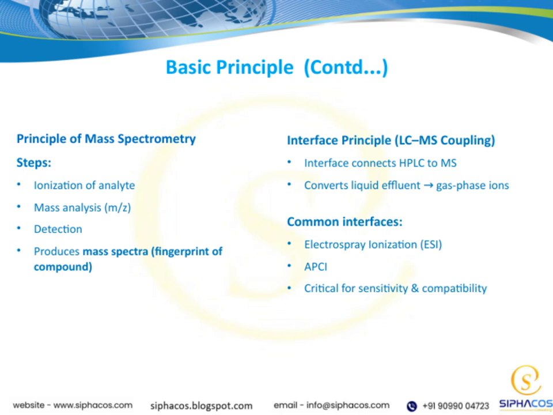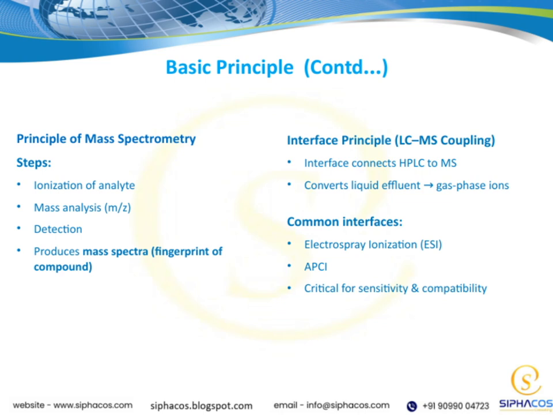Now, moving on to the core principle of mass spectrometry itself. The process begins with ionization, where the analyte molecules are converted into charged particles. Next, these ions are separated based on their mass-to-charge ratio, or m/z, in the mass analyzer. Finally, the detector records these ions, allowing us to generate a mass spectrum.